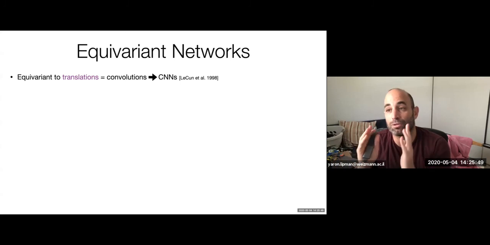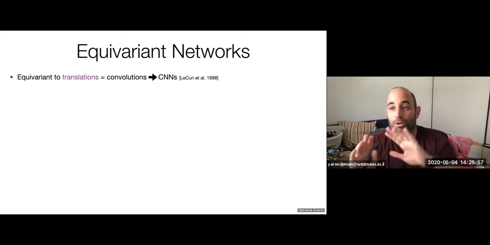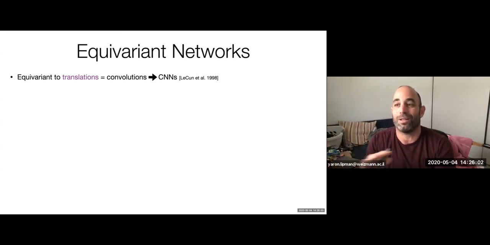And now if you restrict the linear part of your MLP to be only convolutions, you're going to get translation equivariant networks. I know there's the pooling and all that stuff, I'm leaving that out. I'm talking about a fully convolutional neural network without pooling. Then what you're going to get is convolutional neural networks, and this is basically a great success of equivariant networks.